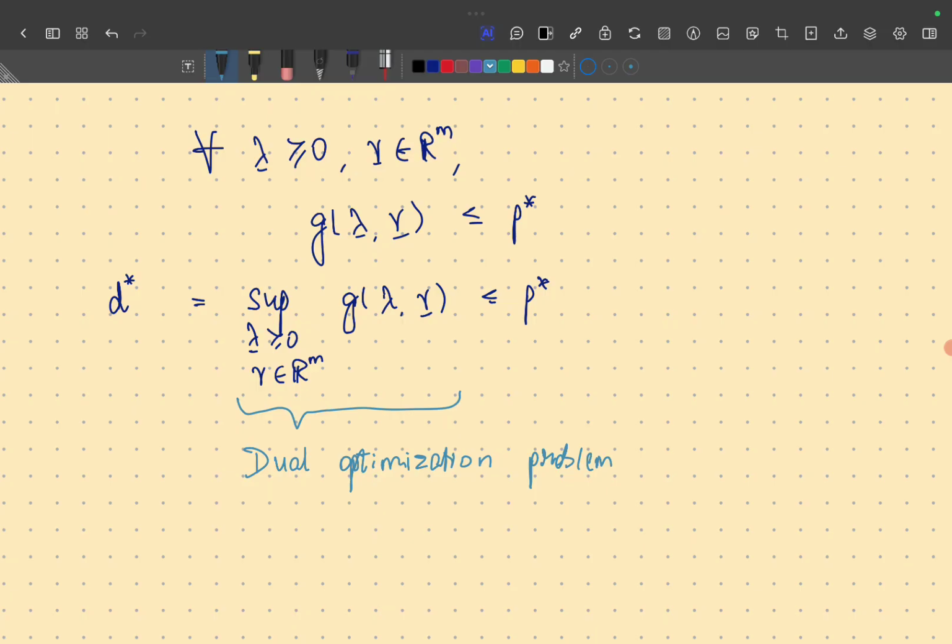In no way am I claiming that the dual optimization problem is easier to solve than the original optimization problem, which I'll call the primal optimization problem. But if I'm able to solve the dual optimization problem, then I get a lower bound on p star. That's the only point I'm trying to make now.